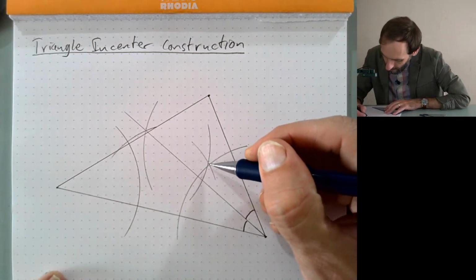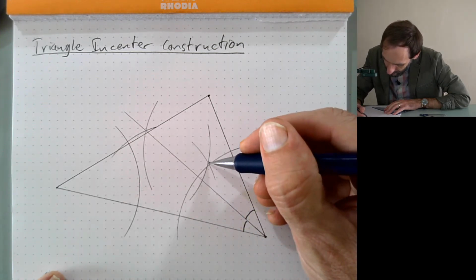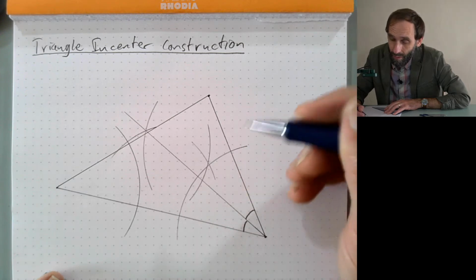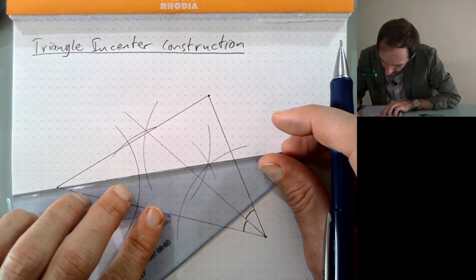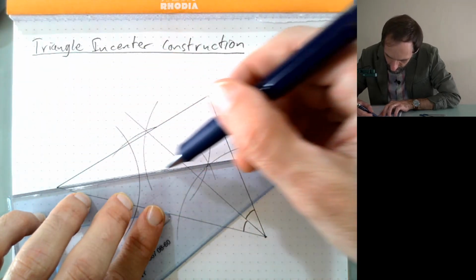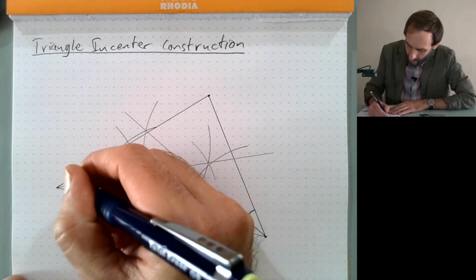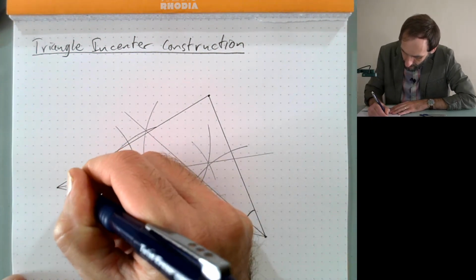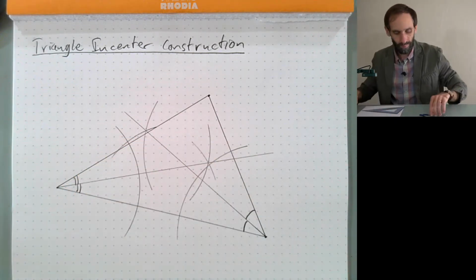You see these arcs also intersect with this arc, but I am concerned with that intersection point right there. So now I line up the straight edge to go through that intersection point. There is my second angle bisector. So now I know that this angle here is equal to that angle right there.